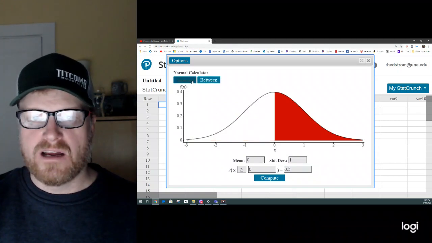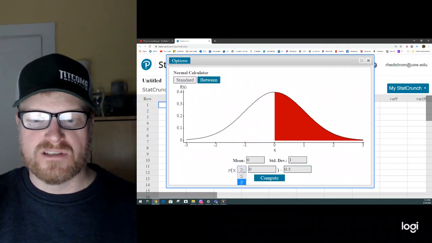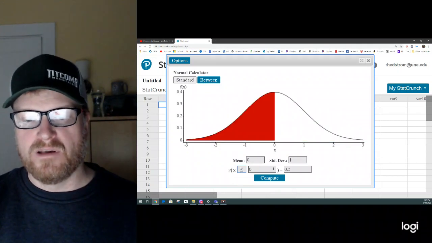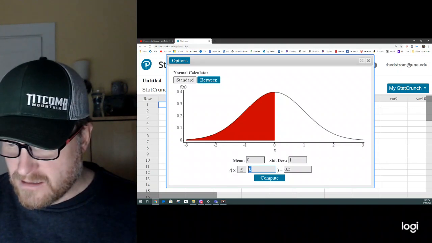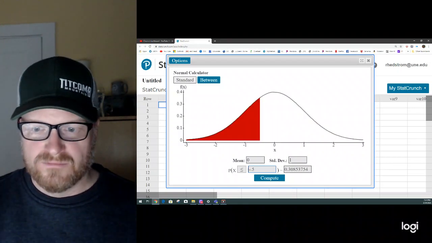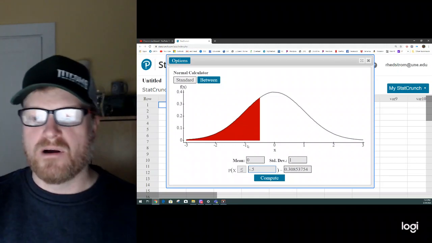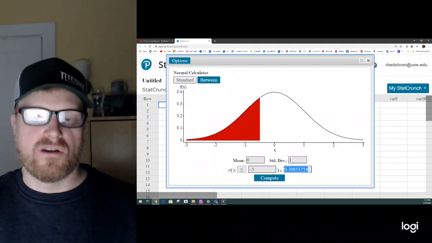You can do all kinds of calculations, and this is what you'll do for section 6.2 of your homework. You may ask, what's the probability that it's less than -0.5? It's going to shade in this area here, and the area of this red part is just about 31%.